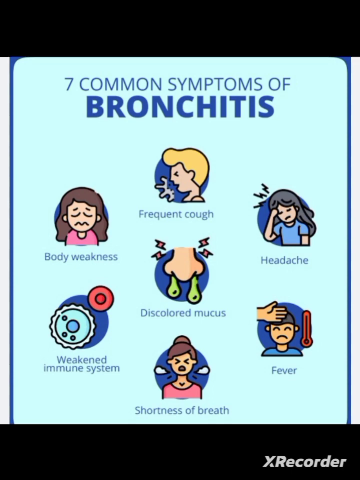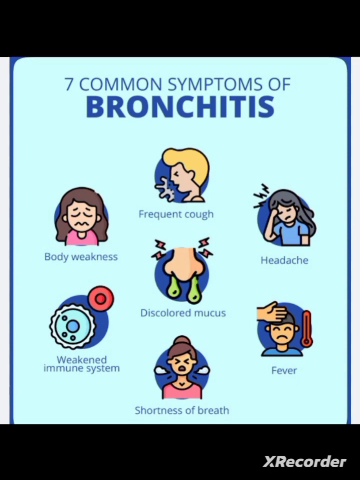Sometimes it may be of greenish appearance also. Frequent cough is the very important symptom of bronchitis. There will be headache, then fever due to inflammatory response, then shortness of breath, which is mainly due to severe cough. There will be shortness of breath and tachypnea.